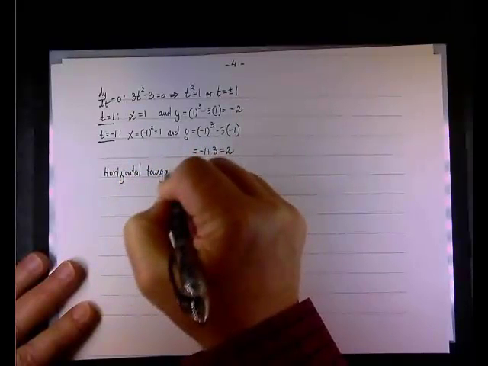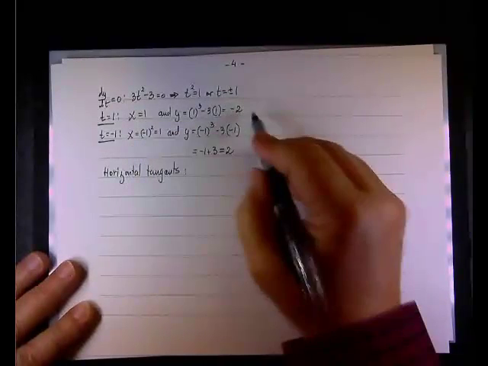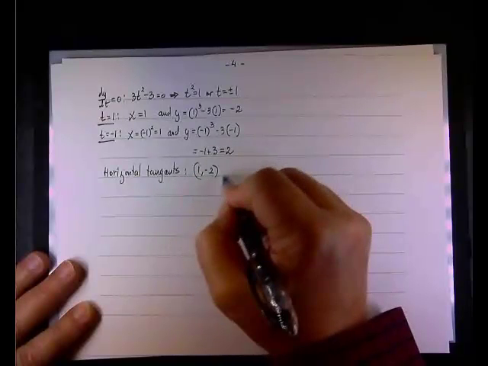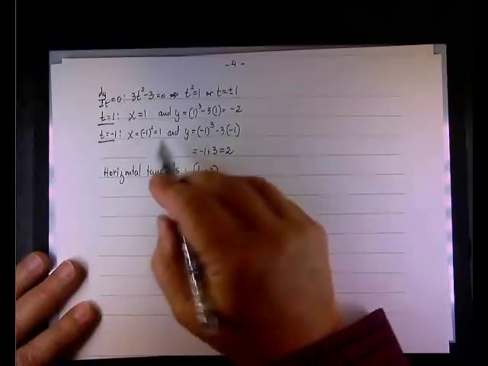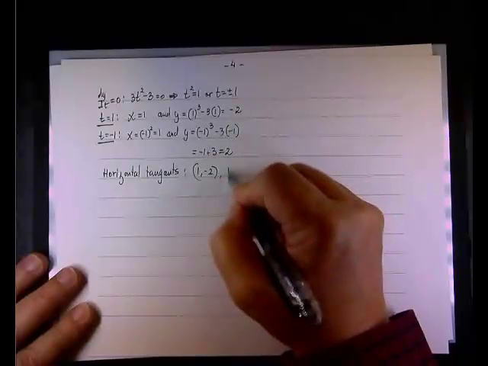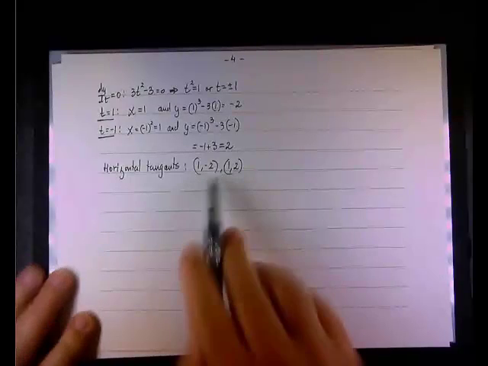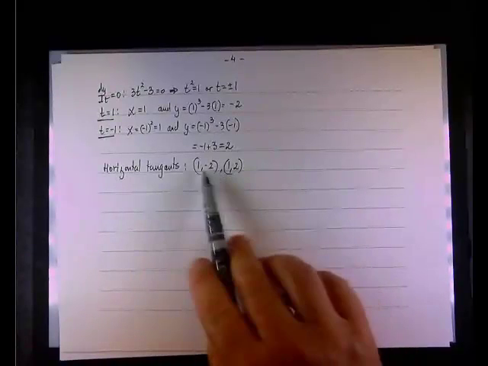So now we can write the answer. We have horizontal tangent at (1, negative 2) and at (1, positive 2).